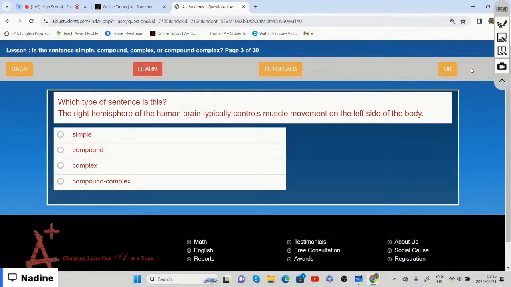So we need to say which type of sentence this one is. The right hemisphere of the human brain typically controls muscle movement on the left side of the body.